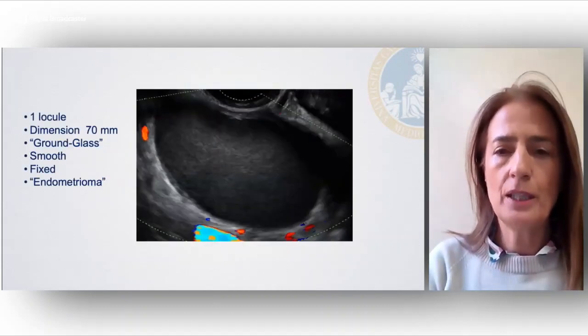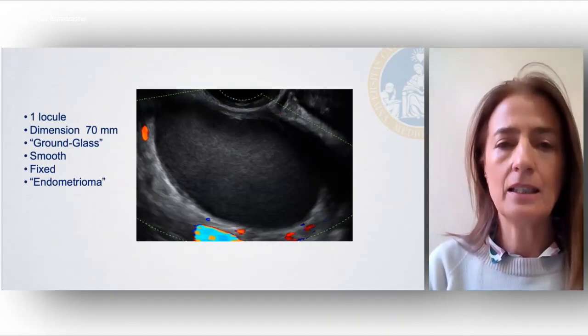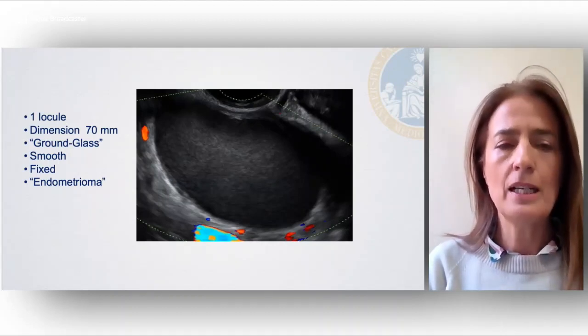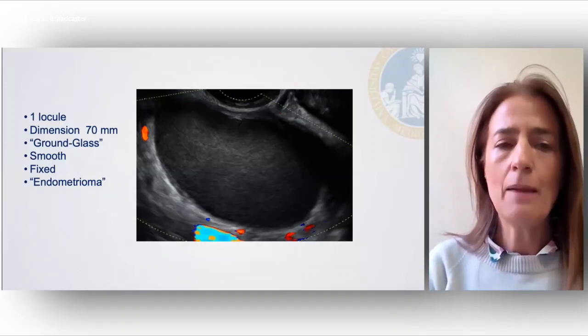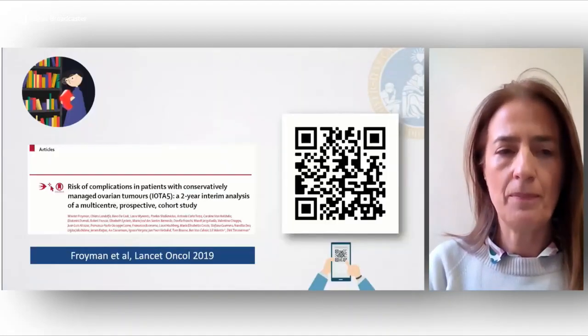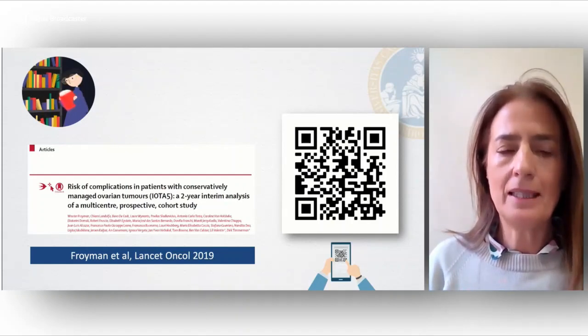She was also included in IOTA 5. And we can see here the variables, 1 locule, 7 centimeters, ground glass appearance. So the hypothesis was endometrioma. The 2 of them were conservatively managed, and today we can counsel our patients with some data.